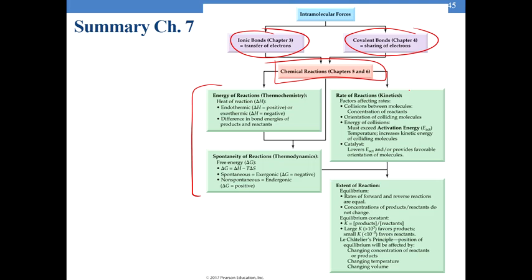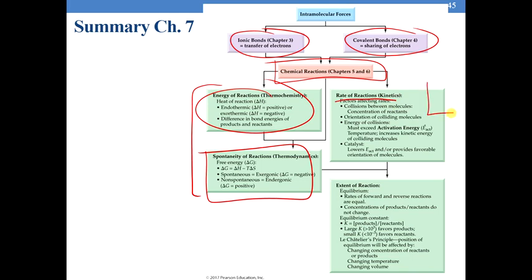We had a video on enthalpy alone, and then we looked at entropy and delta G and whether a reaction is spontaneous or not, as well as rates of reactions with the reaction coordinates that look like this with energy of activation. And today it was all about equilibrium and Le Chatelier's principle. This is a really good review image if you want to go over this. Thank you for listening.